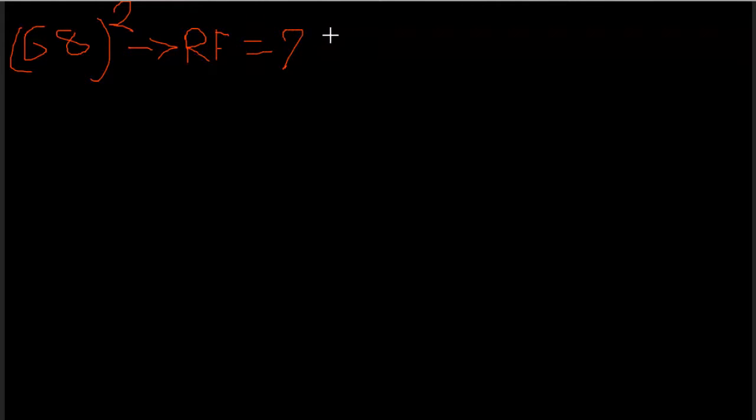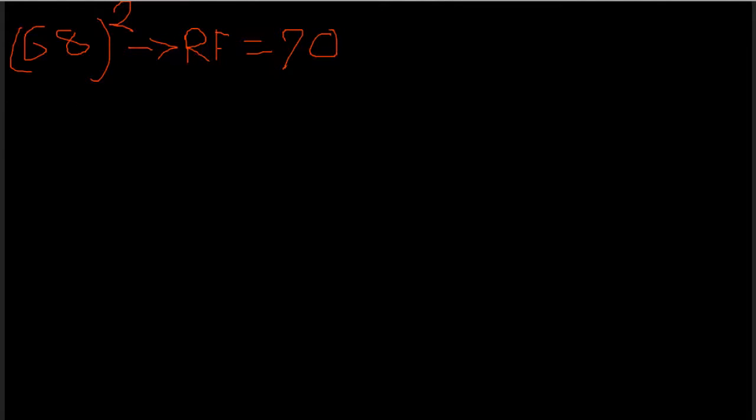In order to find the square of any two-digit number, there are four simple steps you need to follow. In our first example, we are finding the square of 68. So first find the nearest round figure around 68, and that would be 70.